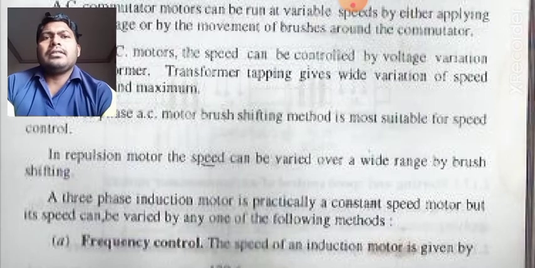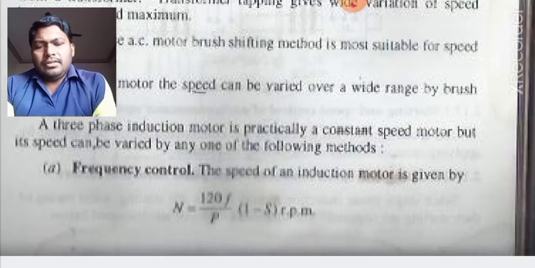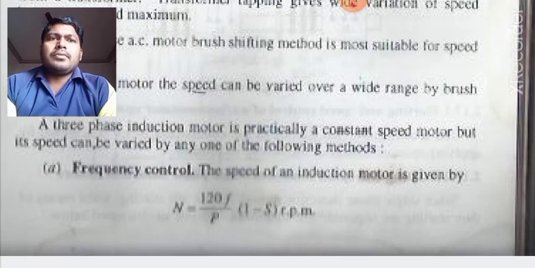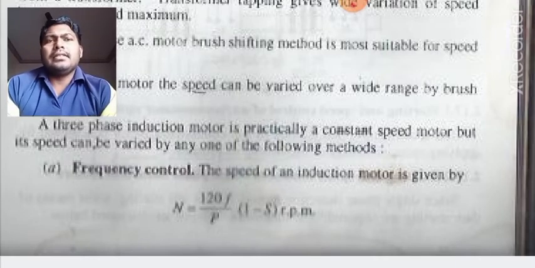So what are the methods? Frequency control. Students, from the relation we know N is equal to 120 f by P into (1 minus s) rpm. What is s here? It is the slip.